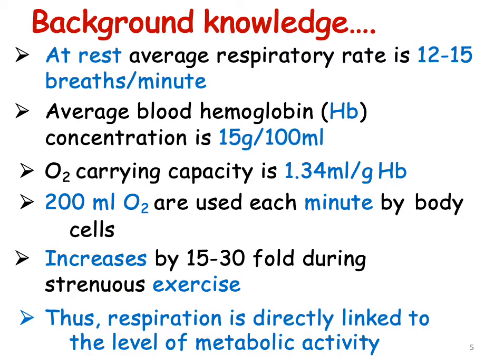So, at rest, average respiratory rate is about 12 to 15 breaths per minute, and our blood hemoglobin concentration is on average 15 gram per 100 ml, and each minute our body cells use about 200 ml oxygen, and the oxygen consumption during exercise, especially strenuous exercise, can increase up to 15 to 30 times.